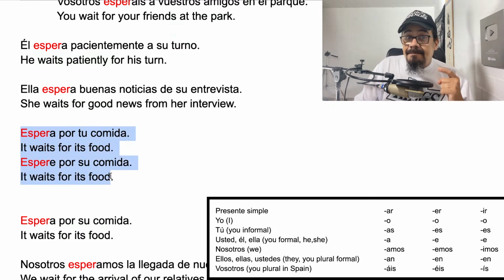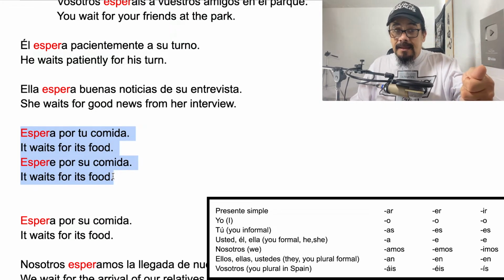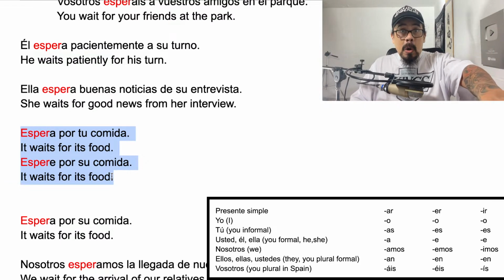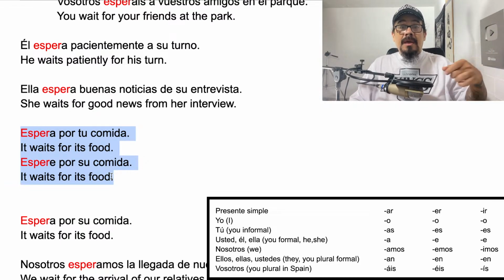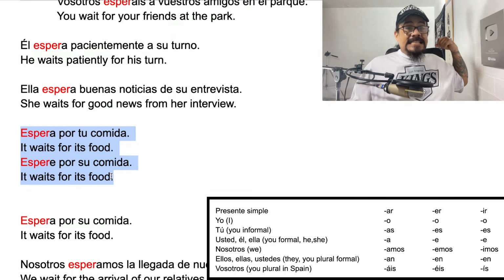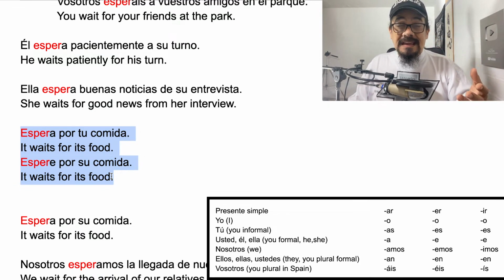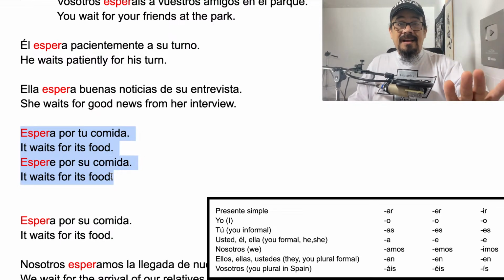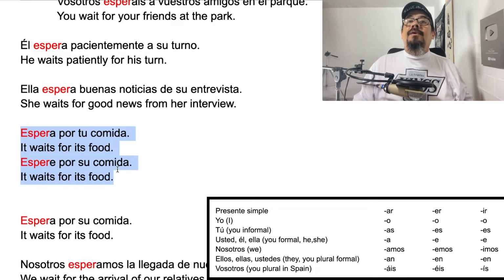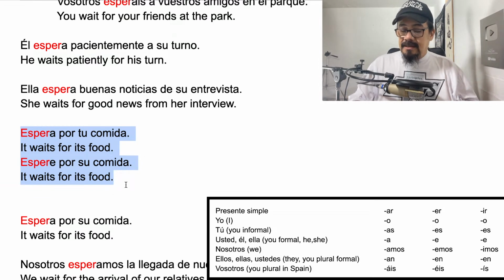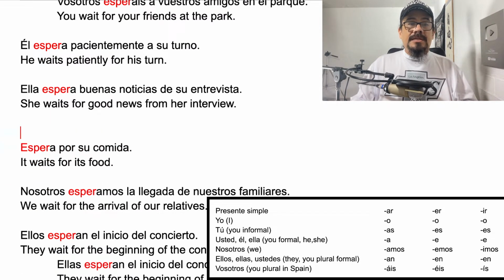And these would be the imperative forms. Espera por tu comida, if we are close, informal. Or espere por su comida, if we are not close, or formal. Espere por su comida, right? So this is interesting. This is a very good question. Thanks a lot for your question.